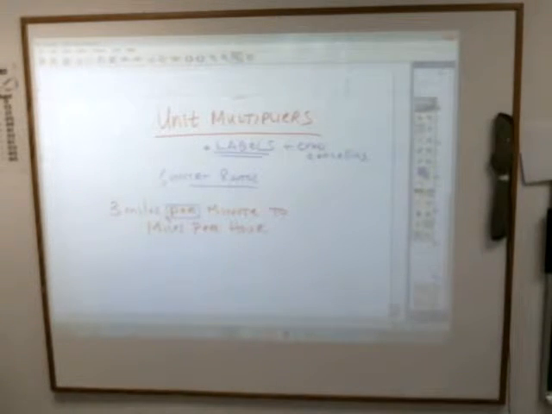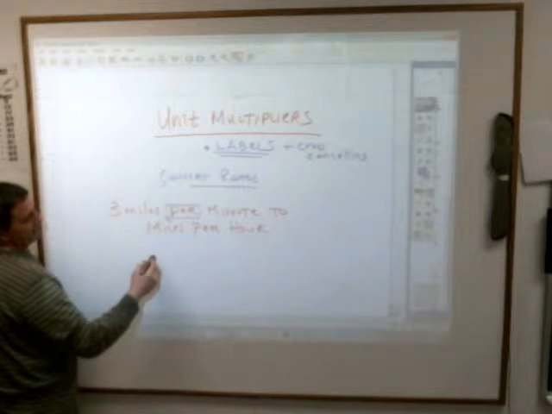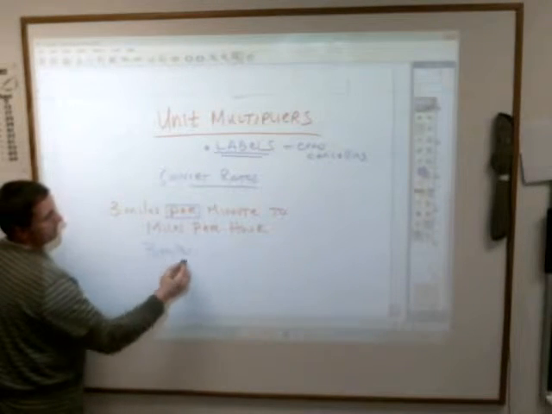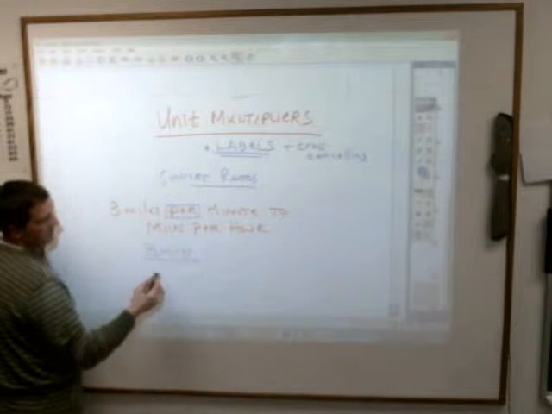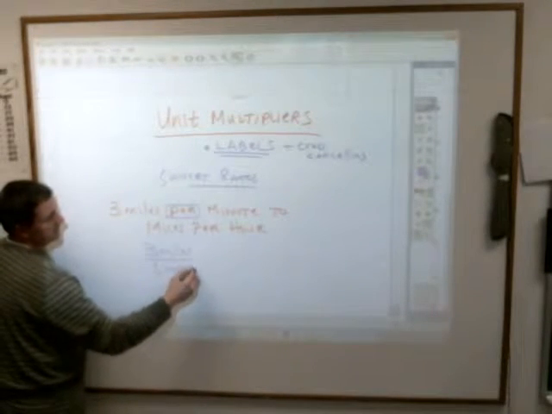It means for every, but what mathematical symbol would the word per stand for? Zach? A fraction, a division sign. In other words, 3 miles per minute is this: 3 miles per, and when it says minute, it means 1 minute. If you put it there or not, it's fine.